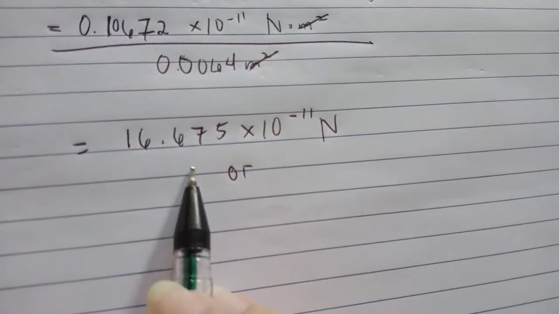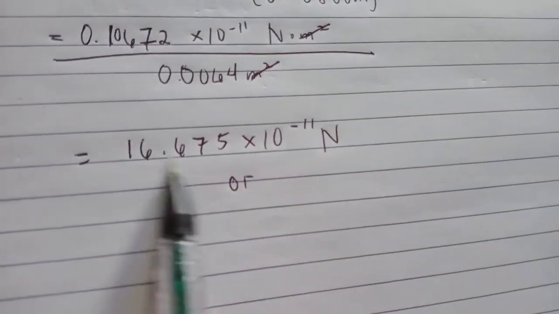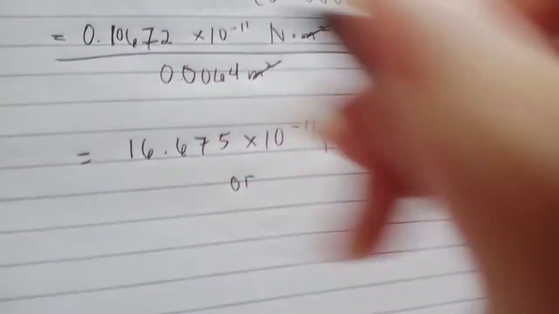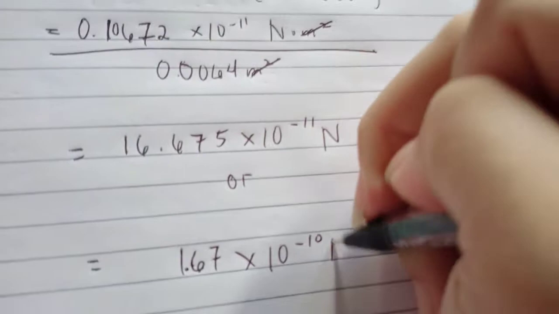Then we can simplify the scientific notation into 1.67 times 10 raised to negative 10 Newton.